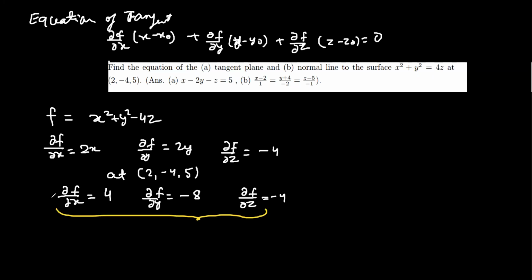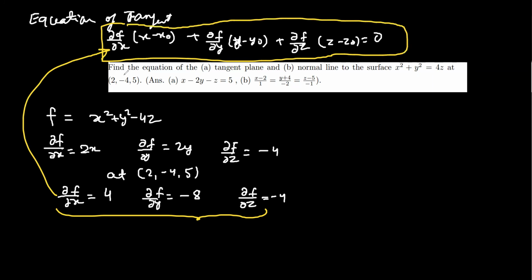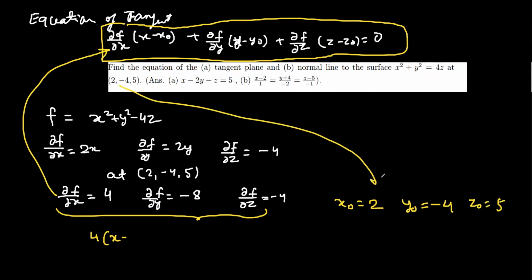Put all these three values here in the formula. This is the standard formula for finding equation of tangent. So del f upon del x is 4, times x minus x0. This is x0, this is y0, and this is z0. Understood? So 4 times x minus 2, minus 8 times y minus minus 4, which is y plus 4, minus 4 times z minus 5, is equal to 0.